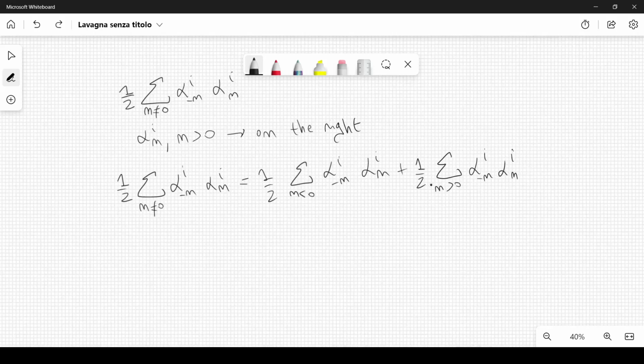So let's do it. Remember that the commutator between α^I_{-n} and α^I_n is equal to minus n, and it's due to the fact that here we have minus n, then we have δ^{II}, then we have δ_{n-n,0}.